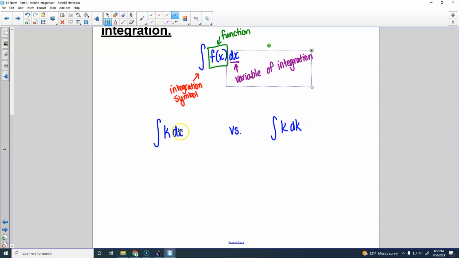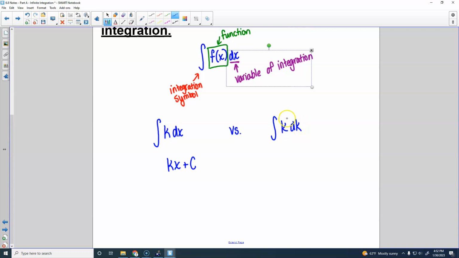So if x is my variable of integration, k just must be a constant in this case. So I would just get k times x, and of course I put the plus c over here on the end.